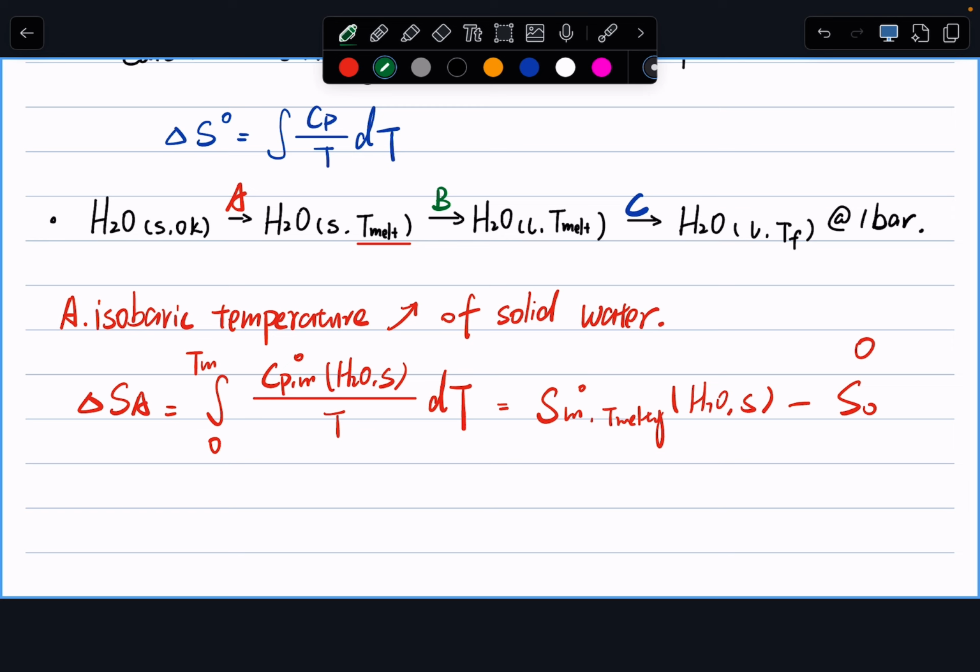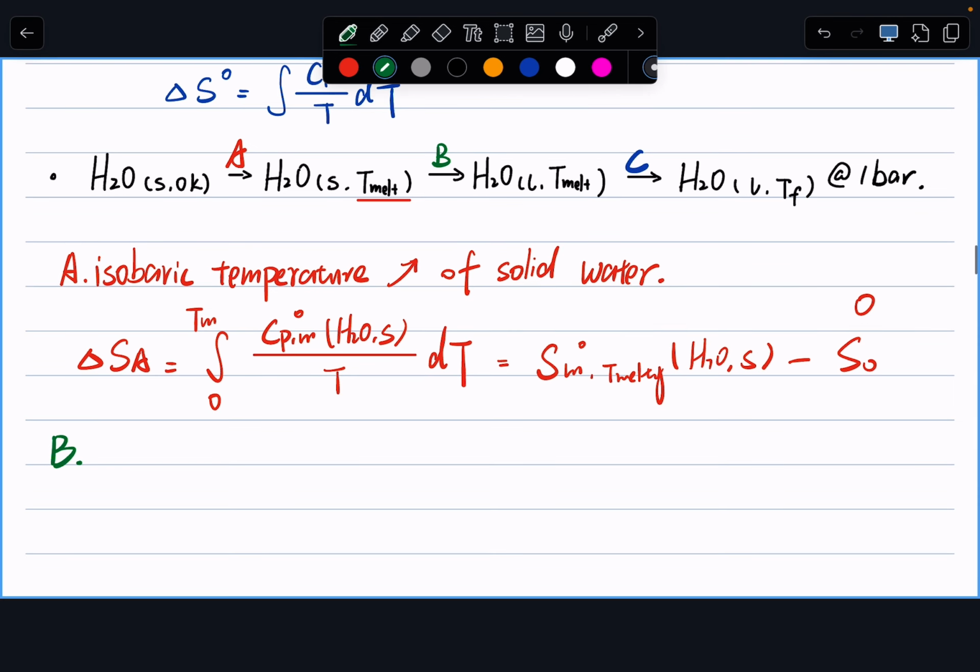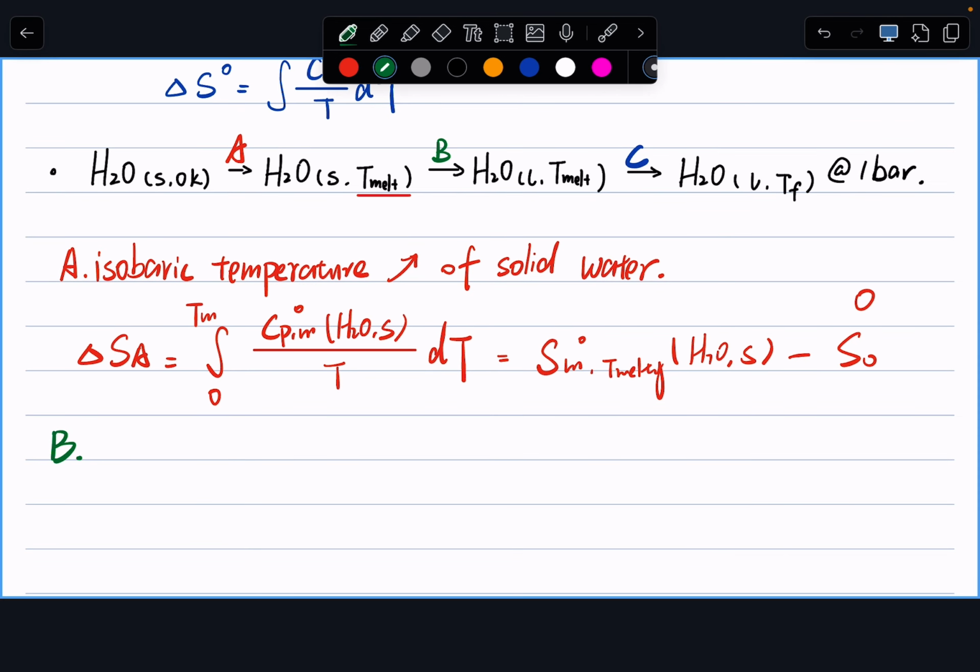What about process B? We're looking at an isobaric melting, or reversible phase transfer. So what do we know? We're talking about the isobaric phase transfer, so that's just the delta H of melting.